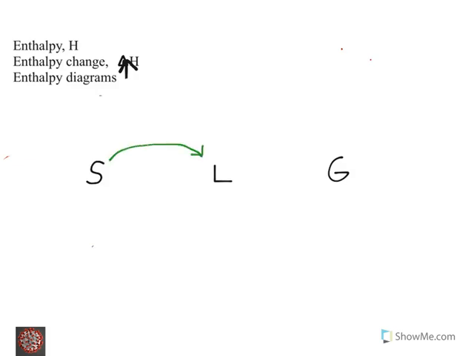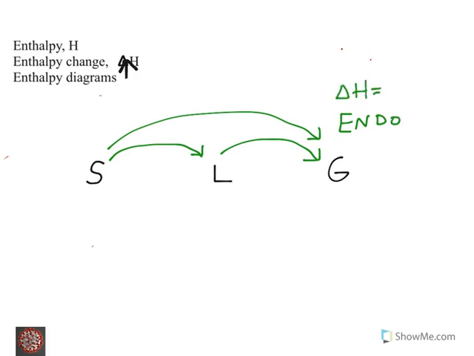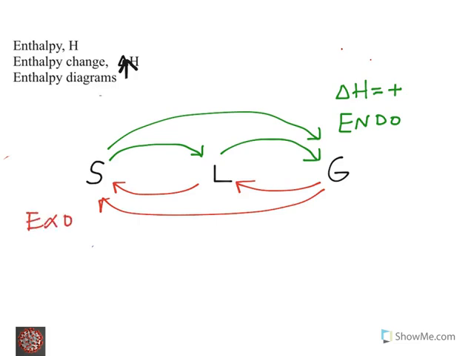So a refresher: solid turning into liquid, liquid turning into gas, solid turning into gas. These are always going to be endothermic processes. Delta H will always be positive for these processes. Going from gas to liquid, liquid to solid, gas to solid, these will always be exothermic processes.